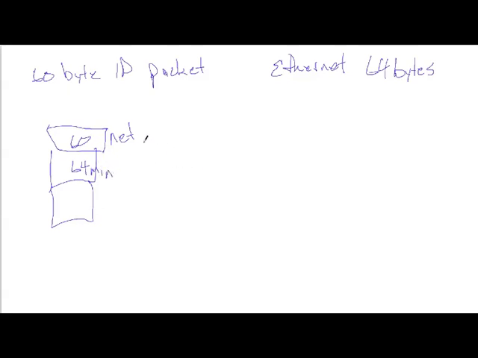The problem is it makes you think that you need to pad this thing, but remember, when we drop the layer, this 60 byte IP packet right here is going to have to go into Ethernet, and Ethernet is going to encapsulate it.